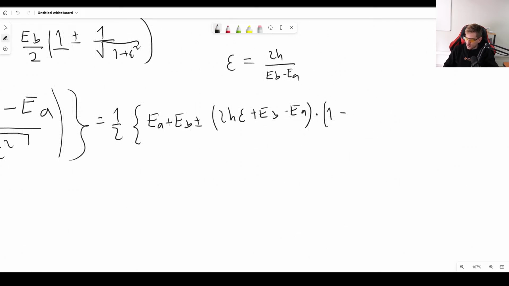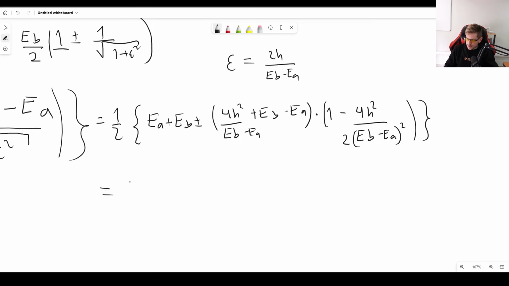So this is, well, there's 4h squared divided by EB minus EA squared, and there's a 1/2 here. And we have an epsilon here as well, so we get 2h squared here as well. So we get 4h squared, and then divided by EB minus EA.